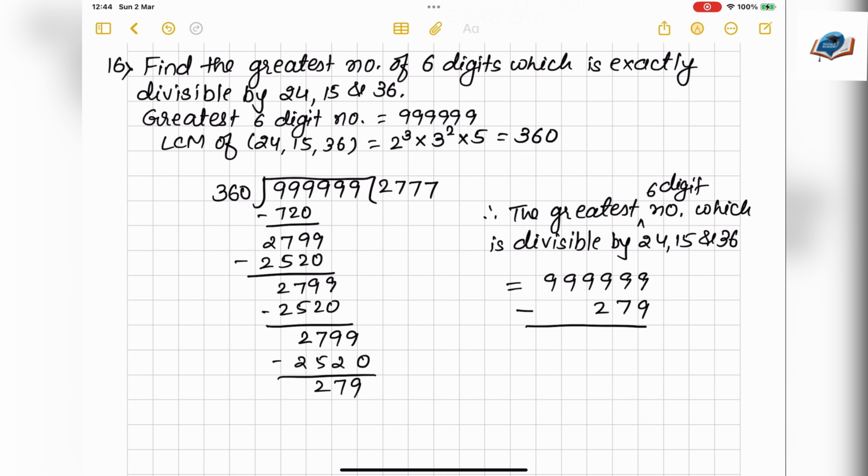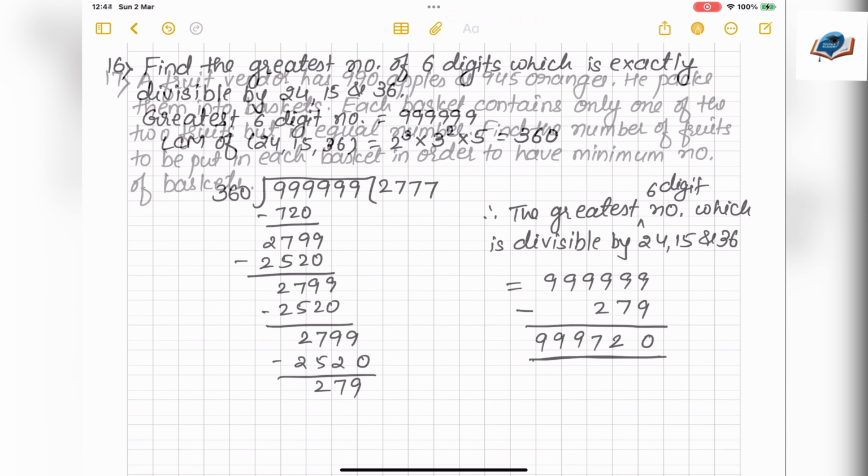So that will be 999720. So this number is divisible exactly by that.